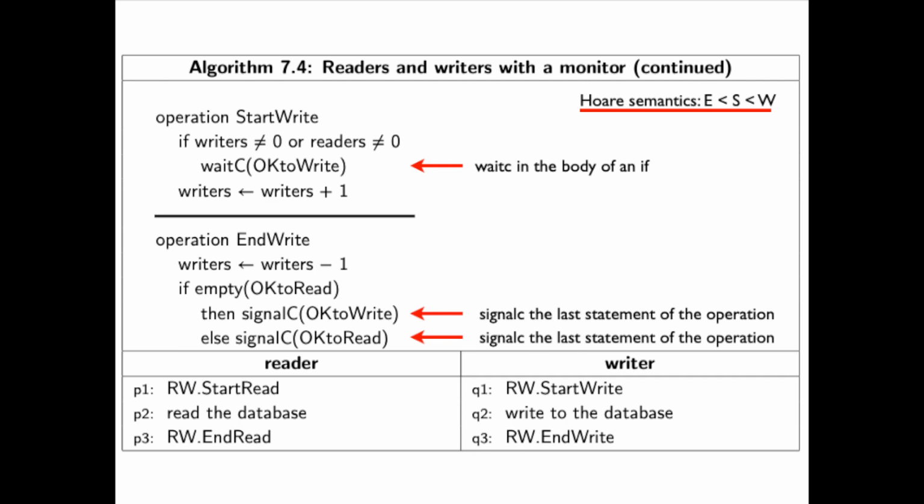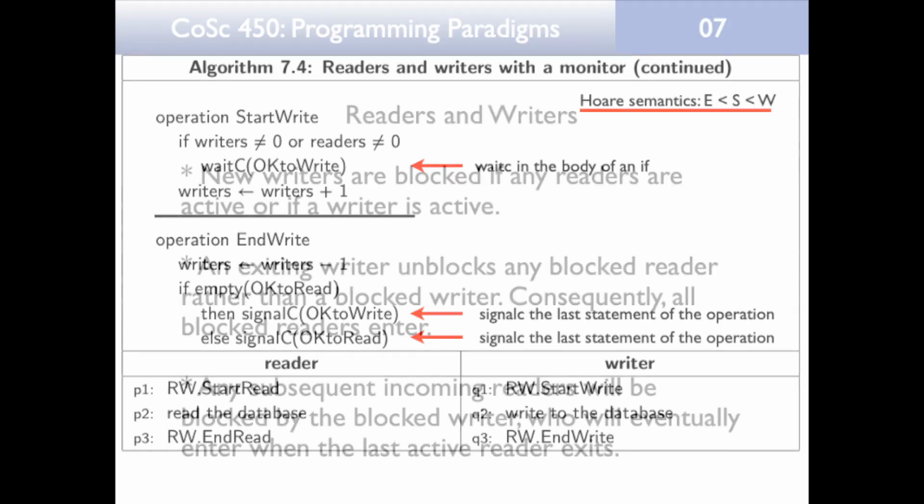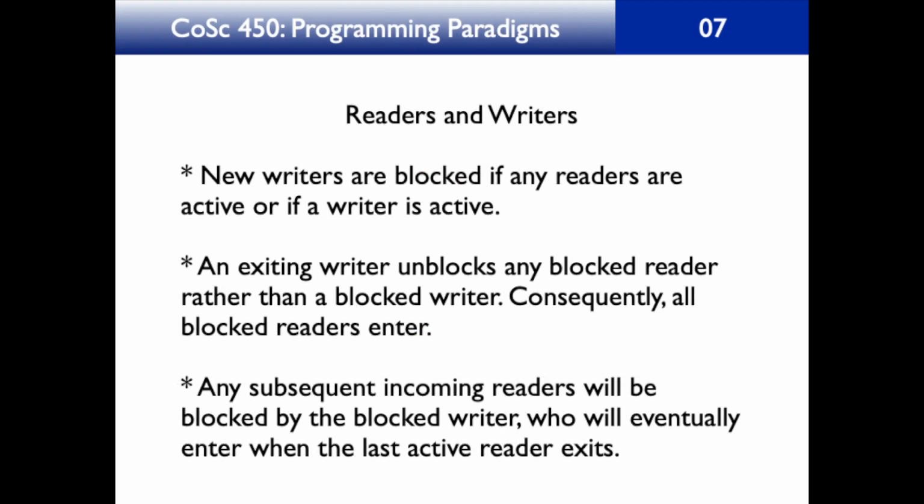So that establishes that first fact, that new writers are blocked if any readers are active or if a writer is active. Now the second point is that an existing writer unblocks any blocked reader rather than a blocked writer, and consequently all blocked readers enter.